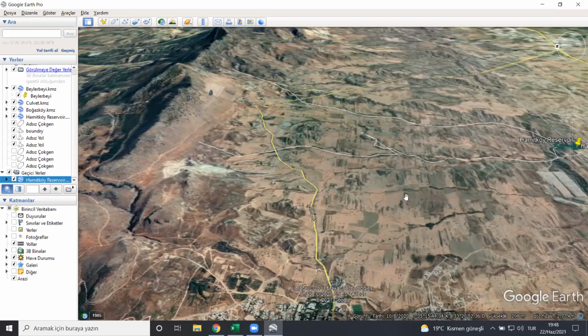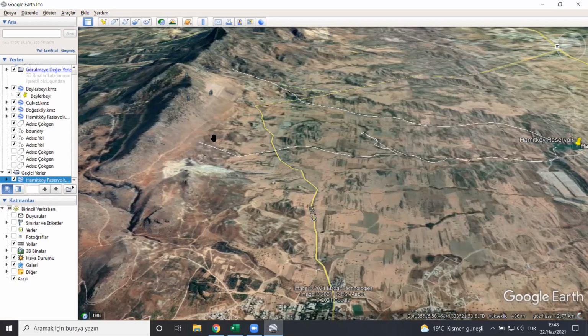How can you calculate that one common slope? Basically, you need to do the area of this portion times the slope of this portion, plus the area of this portion times the slope of this portion, and divide it by the total area, and you'll get the one common slope for this whole reservoir.